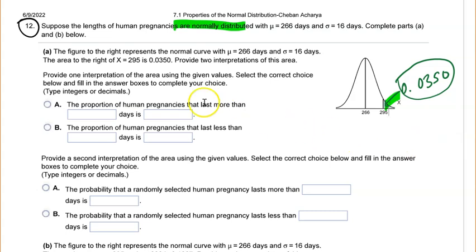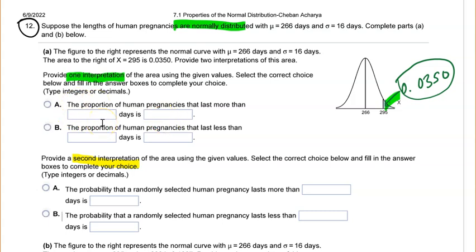You have to give two interpretations of these results: one interpretation, a second interpretation. Remember that this is the percentage, also a proportion, also a probability. For the first part, you write your answer in terms of proportion. Select the correct answer choice.